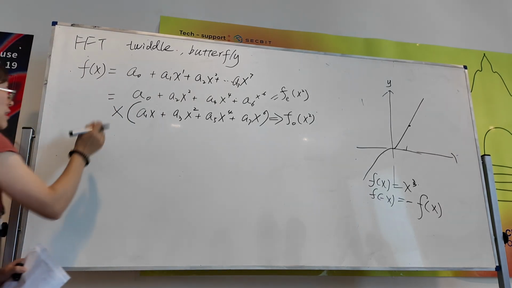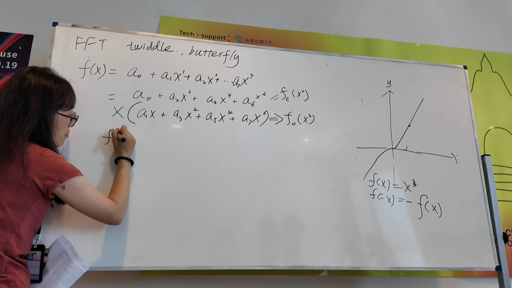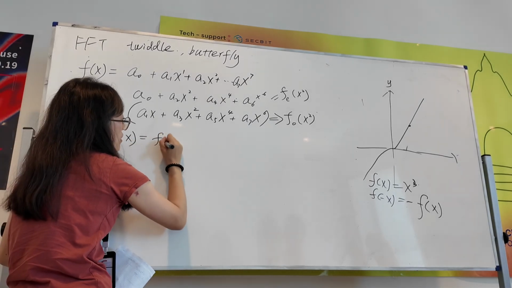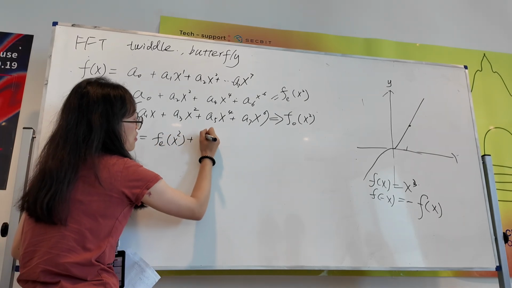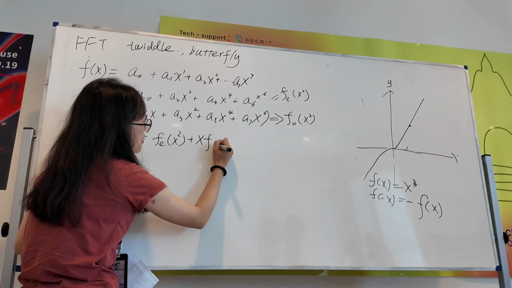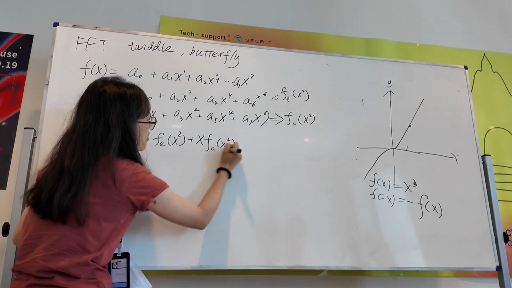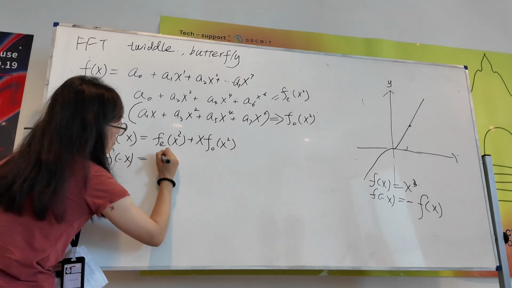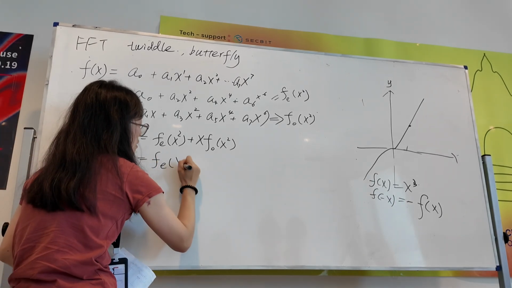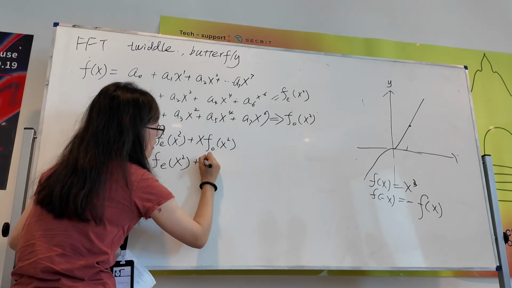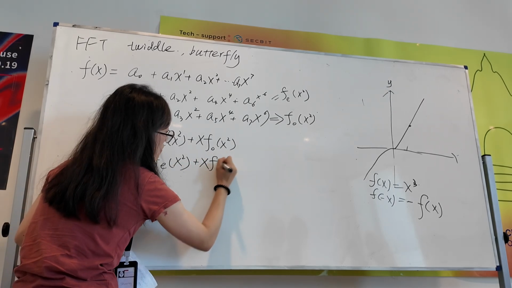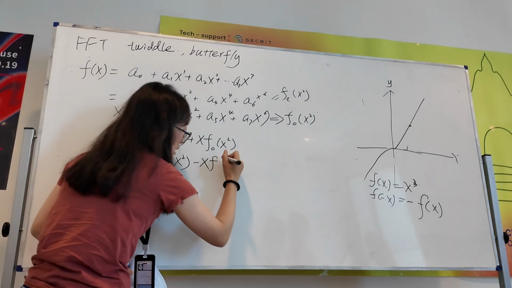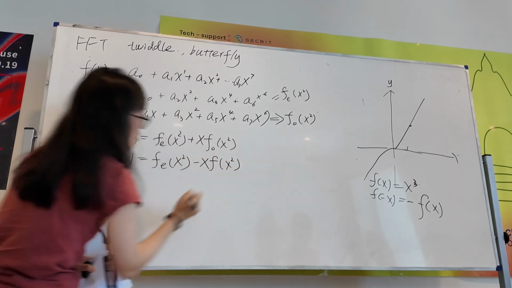Now I want to write my original polynomial: f(x) equals f even of x squared plus x times f odd of x squared, and f(-x) equals f even of x squared minus x times f odd of x squared, because now we are working on negative x, squared.